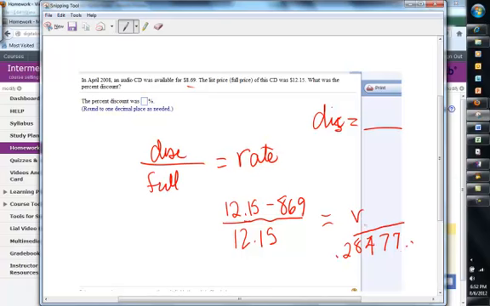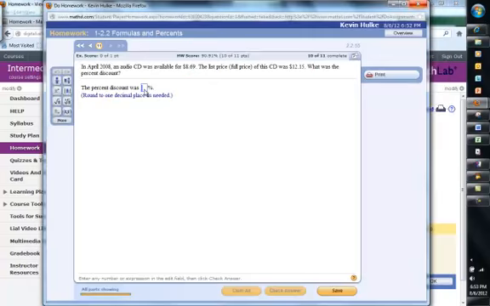Okay, we want it to one decimal place, so it'll be 28 point, how many percent? Well, the 4 has to be rounded up because the 7 follows it, so we'll say 28.5%.